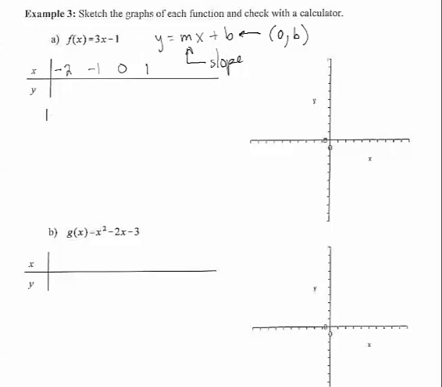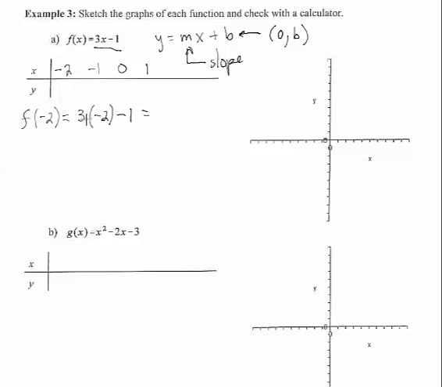Okay, so at this point, for x equal -2, I want to calculate f of -2. This is just telling me to take this expression, 3x minus 1, and plug in -2 in the place of x.